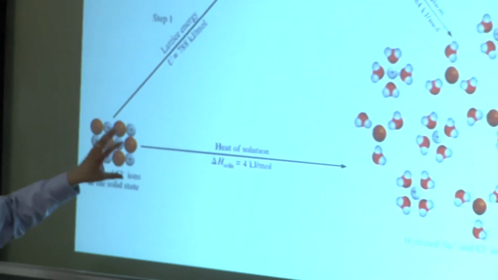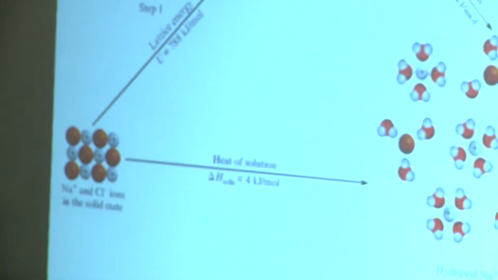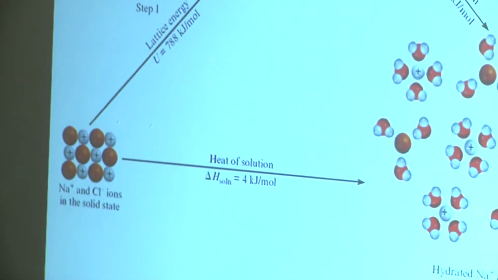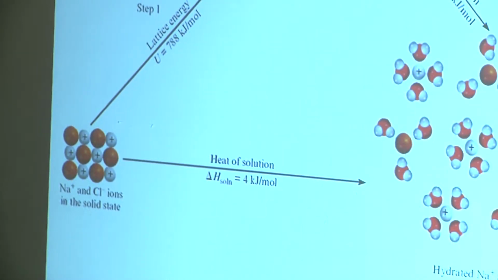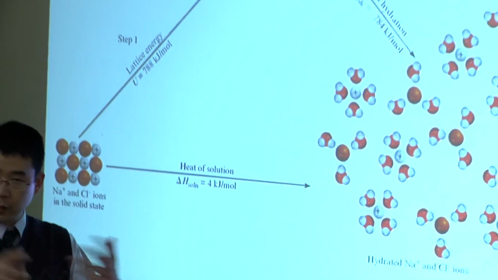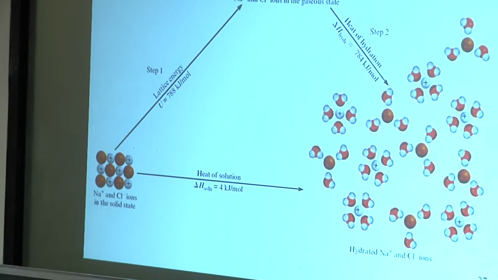Remember solutions, right? So when you put an ionic compound into solution, you add water, aqueous solution, and then the positive ions and the negative ions break apart, right? They dissociate and they ionize. And the ions kind of intersperse throughout the water.